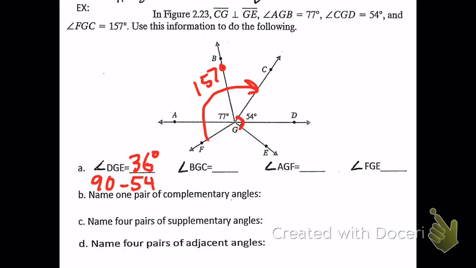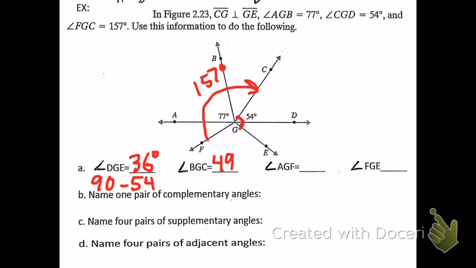Okay, BGC. What would BGC be and why? Would it be 80 degrees? It's not 80. Yes? 49 degrees. How'd you get that?